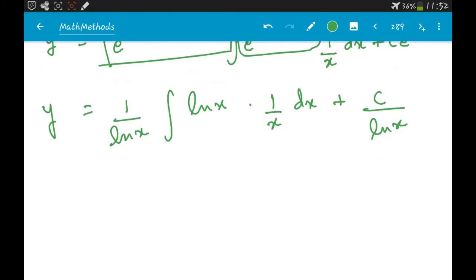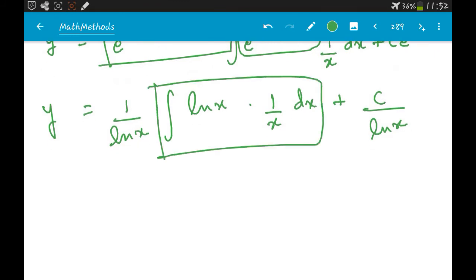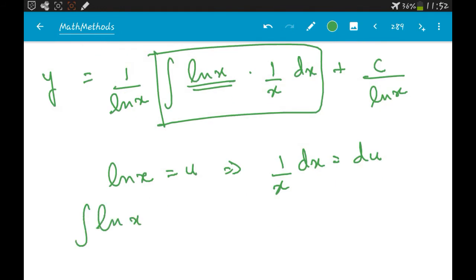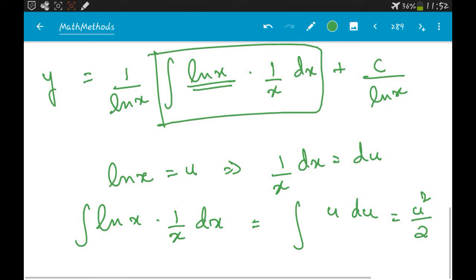Now all you have to do is compute this integral. Again you can take ln x to be u, and therefore 1 by x dx will be du. So ln x into 1 by x dx will be nothing but u du, which is u square by 2. And u is ln x, so you'll get ln x whole square by 2.